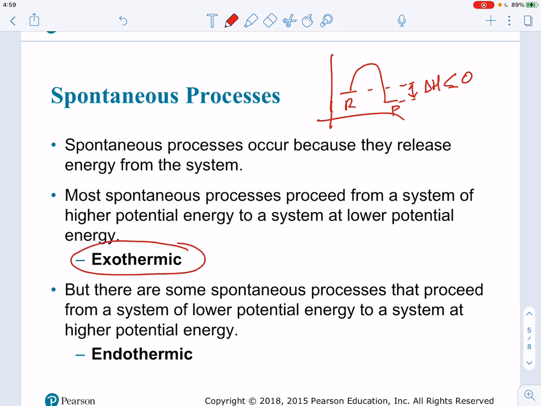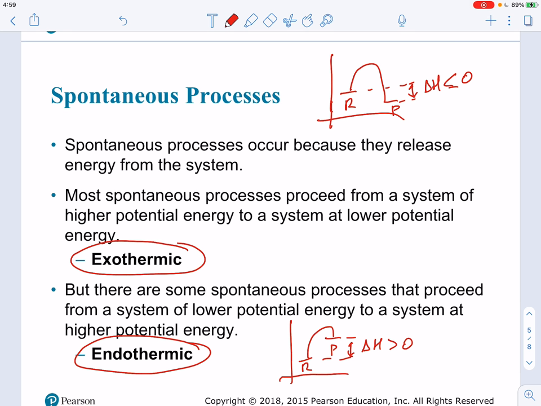Okay? The other way around, if your reactants are sitting at a lower energy level than the products, then the difference here is still the enthalpy of the reaction, but because the products are at a higher energy level, this enthalpy is positive, and that is an endothermic process.